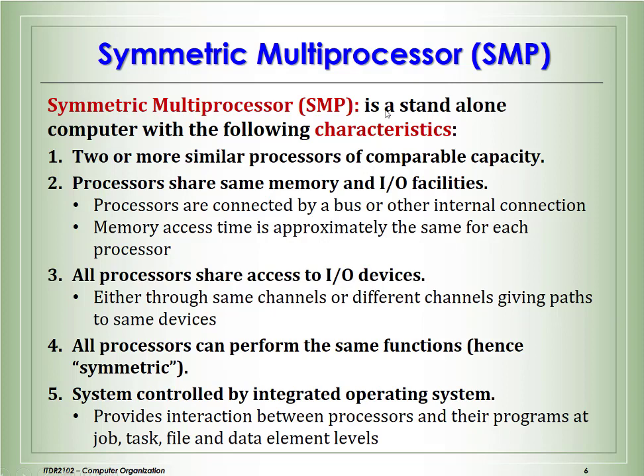Now, as you can see, a symmetrical multiprocessor is basically a standalone computer with the following characteristics. Two or more similar processors connected internally, with the same memory access time for all. All processors can share I/O devices and all processors can perform the same function. As I told you, they are treated equally. The system is controlled by an integrated operating system, and they can do many tasks.